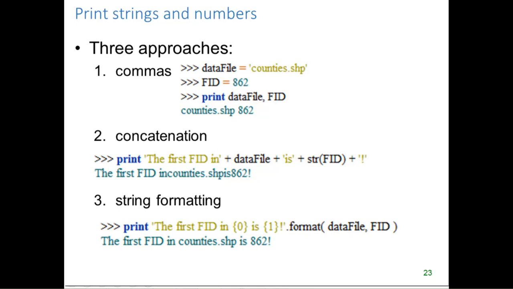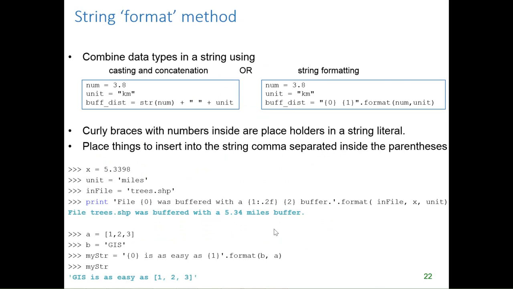So let's look at string formatting a little more closely. We had this example on a previous slide. You can use casting and concatenation and put spaces in where you want, or you can use string formatting, which puts a placeholder, a space, a placeholder, and then ends the quote.